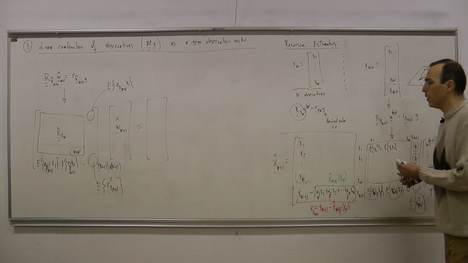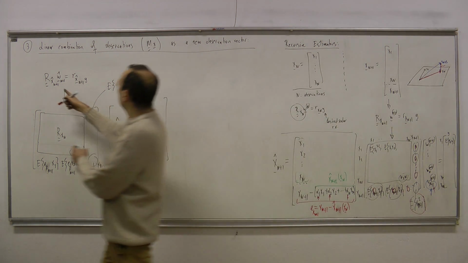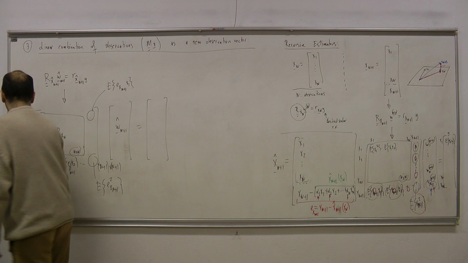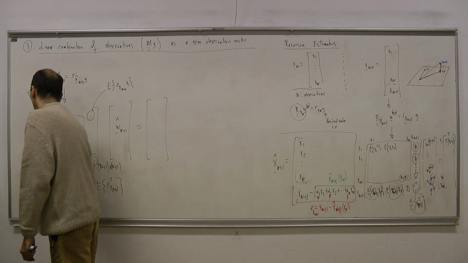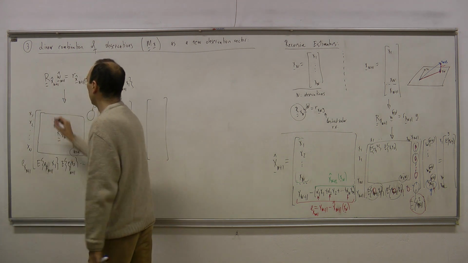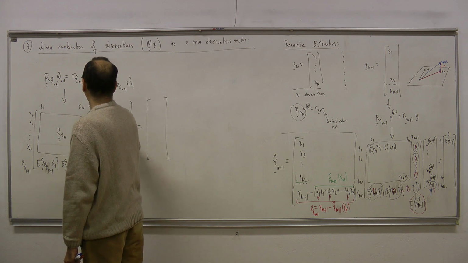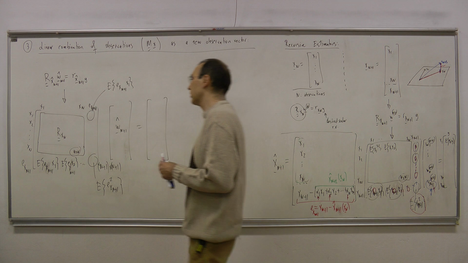Again, what is going on? So remember, how do I write this R_x matrix? I write x1, x2, x_n, and this is the prediction error right now. x_{n+1}, x1, x_n, e, x_{n+1}. Is this clear?